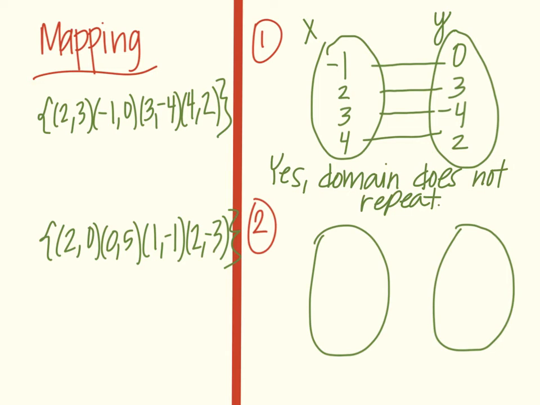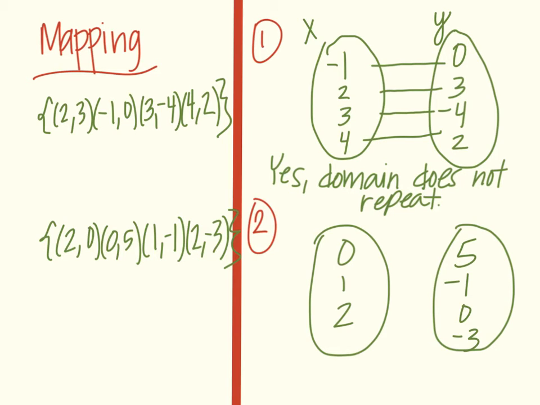Let's try number 2. Okay, so we'll put them in order. Put the domains in order. We have 0, 1, 2, and 2. I'm only going to write 1, 2 here to represent both of these ordered pairs. So 0 goes with 5, 1 goes with -1, 2 goes with 0, and -3.